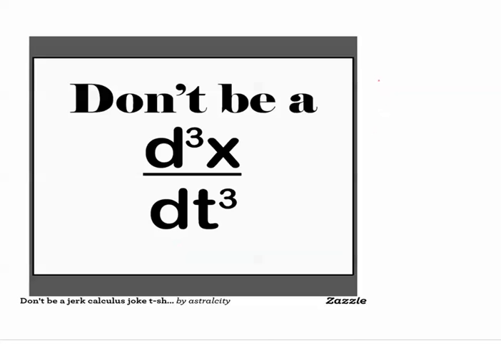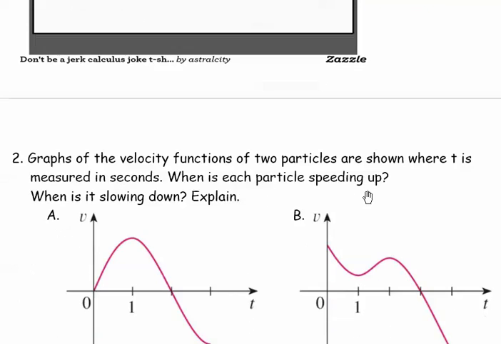Remember that the derivative of acceleration would be the third derivative of the position function, s of t, and that is called the jerk function or the jolt function, but of course this joke is referring to it being called the jerk function. And you can think why. If acceleration is changing rapidly, you're going to have kind of a jerky ride. All right, so don't be a jerk.